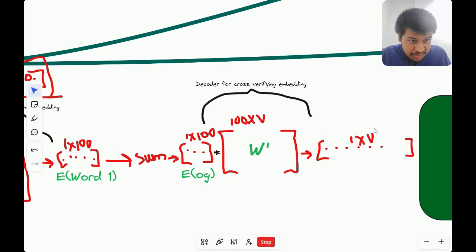Then we use a softmax at the last layer, and with that we'll be able to check whether this particular dimension is representing this word correctly or not. That is how you cross verify whether this embedding is working with your output layer. This output layer will not just have the weights, it will even have the softmax, so it'll give the probability for each and every column in this matrix.